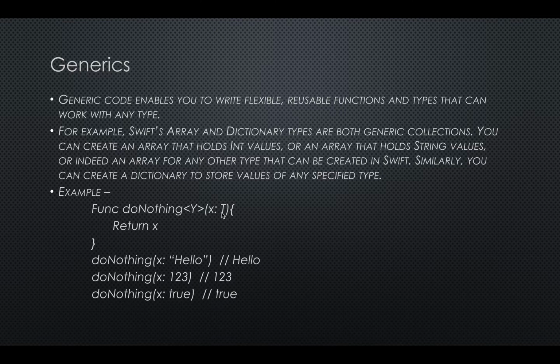If you don't make it generic, instead of T you will be writing string or int or bool, and then you will not have this generic thing. So if you want to make it generic, you will have to provide this kind of structure, and then a function like doNothing can accept anything. Like it can accept string, integer, and boolean, and you can do whatever you want with that.